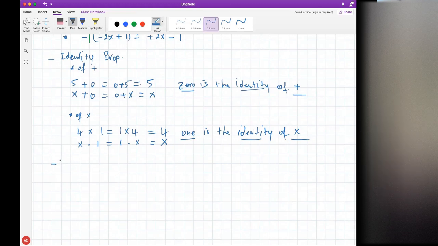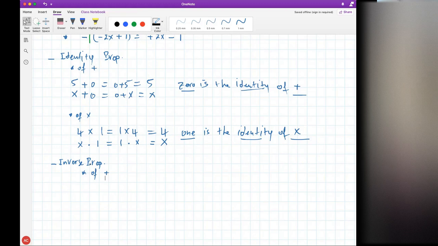The next one is called the inverse property of real numbers. And as always, we have two of them, one for addition and the other one for multiplication. So let's see how the one for addition works. The inverse property of addition.